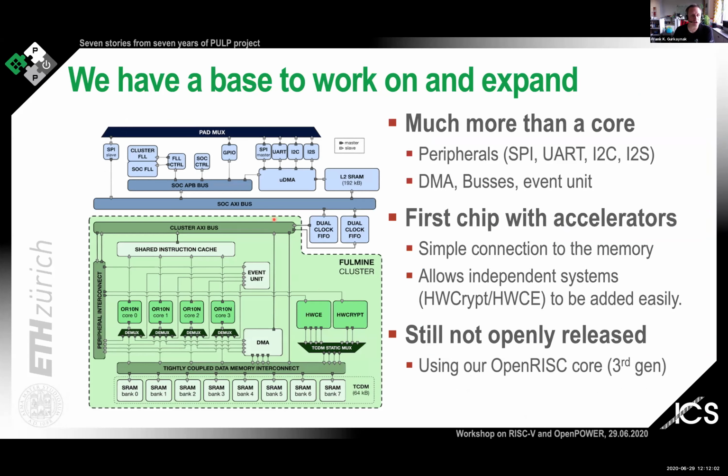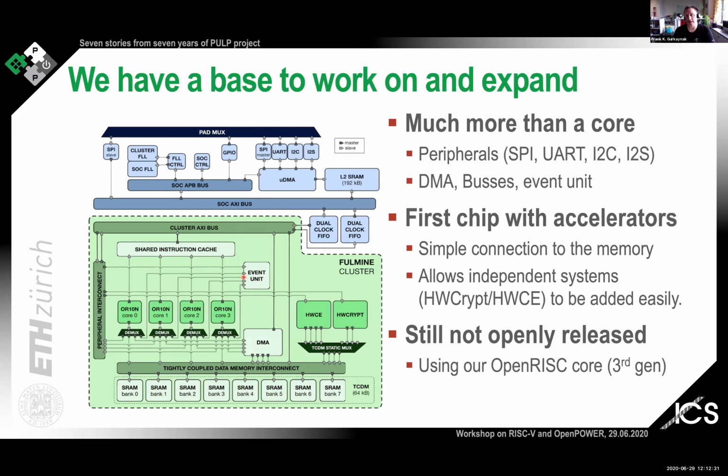In addition to the cluster that we have here, we have a number of peripherals, UART, I2C, I2S, SPI, etc. And this is our shared memory infrastructure, and we had the capability of adding accelerators to it so that they have the same level of access like a core does. So the cores write to the same memory, the accelerators write to the same memory. There's an event unit that sort of coordinates the things in between them.